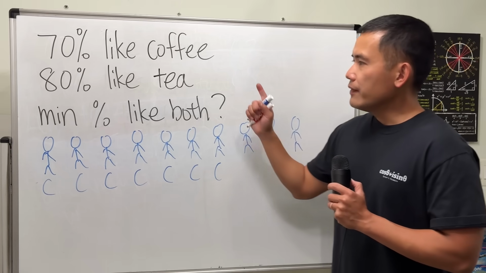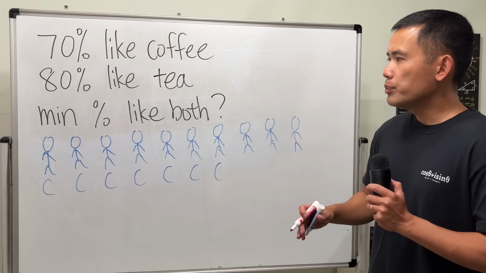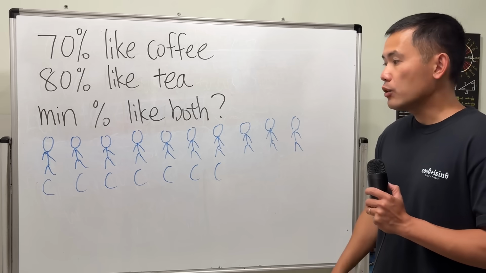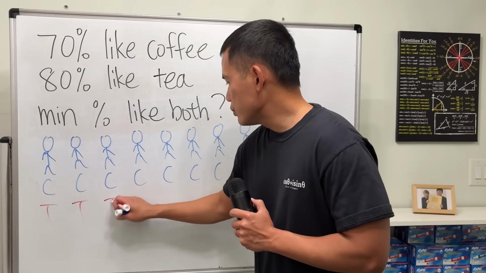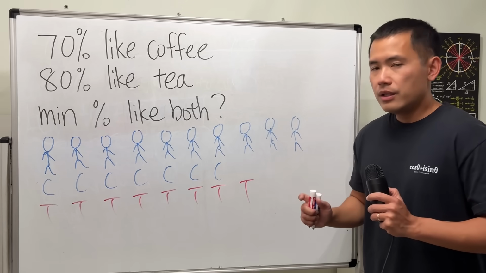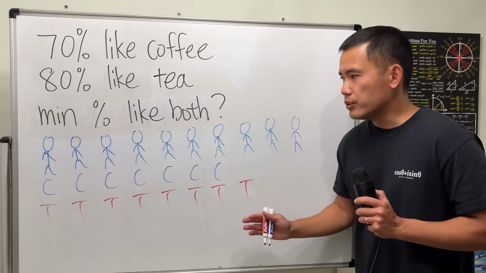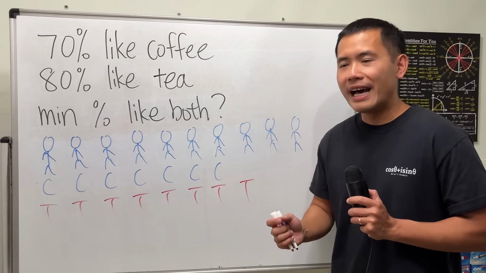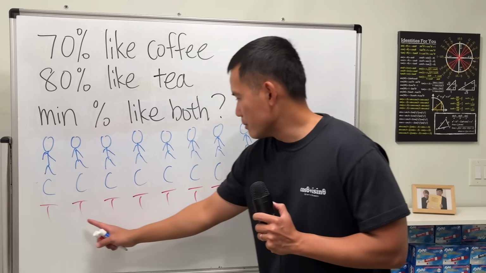Then we have 80% of them who like tea. I'm going to put down T for 8 people, but how am I going to do it? Well, if I just put down 1, 2, 3, 4, 5, 6, 7, 8, then this shows you the maximum possible percentage of the people who like both, which will be 7 of them, right here.